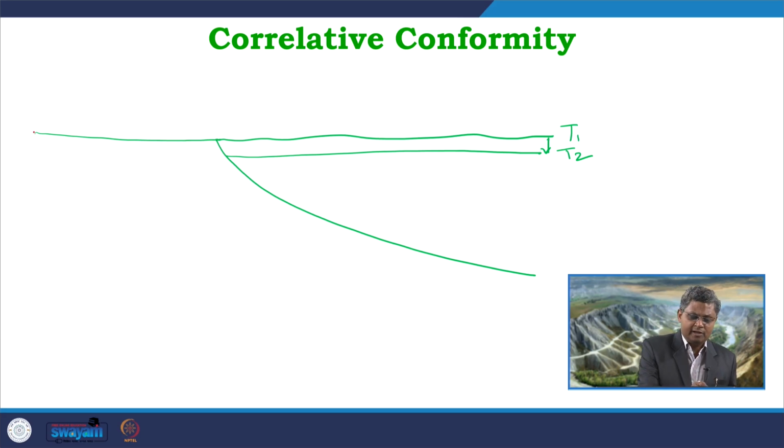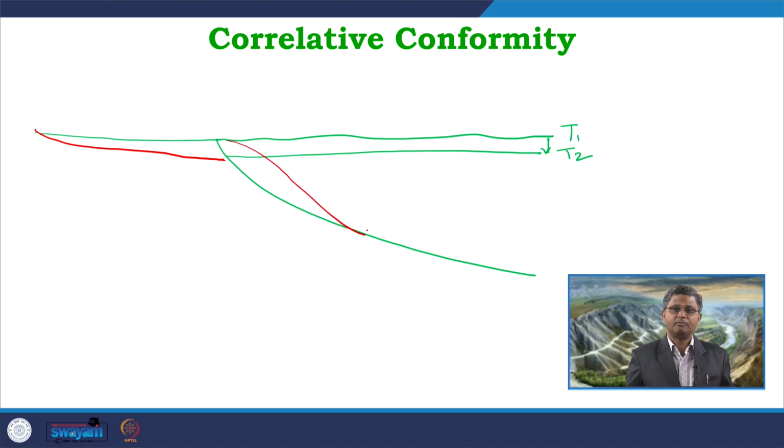The fluvial graded profile will try to adjust to this level, and due to this the sediments which were deposited earlier for this level T1, say for example this much of sediments, will now get eroded up to this level because this is the new surface, and we get a new surface of erosion formed over here.